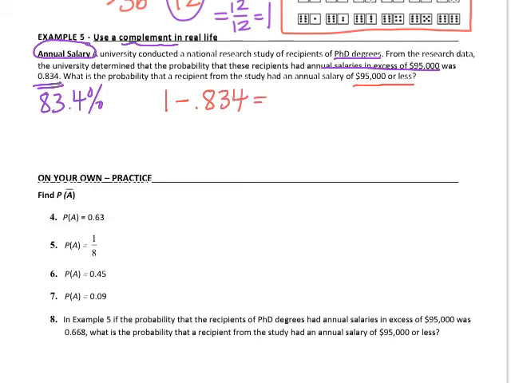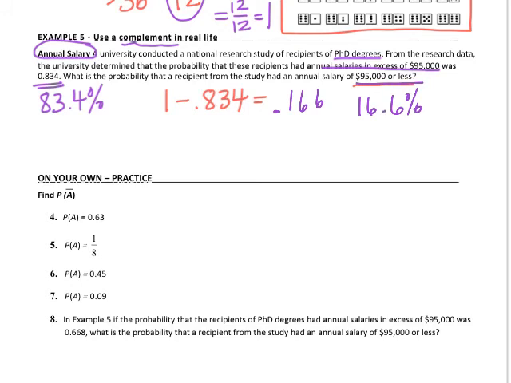And so I'm going to find out how many people don't earn $95,000 or more. And that is 0.166, or in other words, 16.6% of the people earn $95,000 or less.